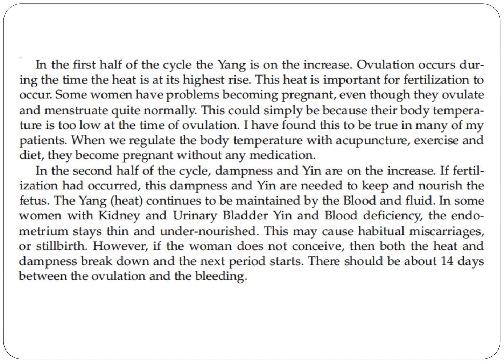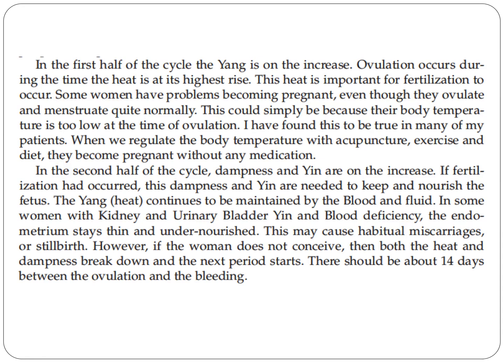This could simply be because their body temperature is too low at the time of ovulation. Okay? The author has found this to be true in many of his patients. When we regulate the body temperature with acupuncture, exercise, and diet, they become pregnant without any medication.